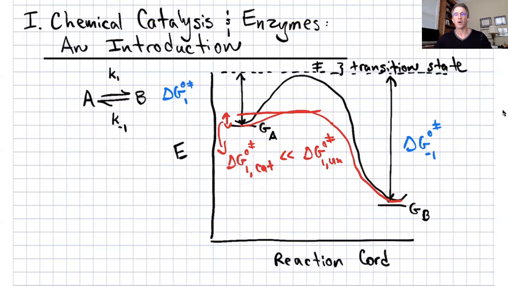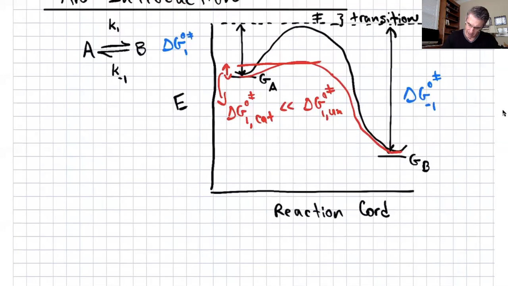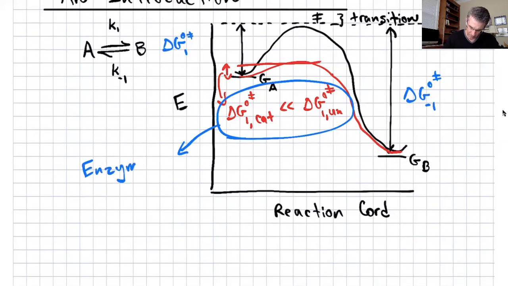So the whole reason for setting all this up is because of the importance in biochemistry of catalysis, and specifically catalysis through enzymes. That's where the big picture is heading next, and this is the big deal that enzymes are doing.